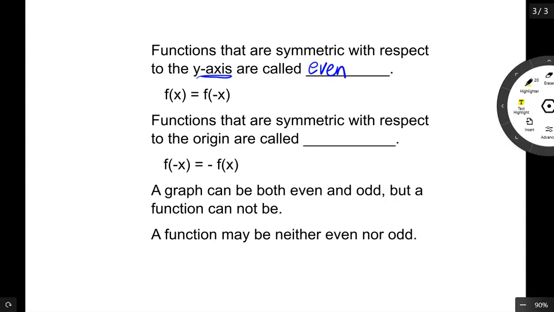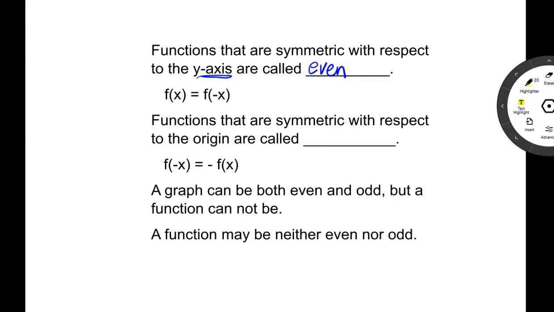So anytime you're asked, is this graph even or not, you just go back to the definition of symmetric with respect to the y-axis. And if you look back at the bottom of page 2, we said if we were going to check to see if an equation is symmetric with respect to the y-axis, we would replace the x with negative x.